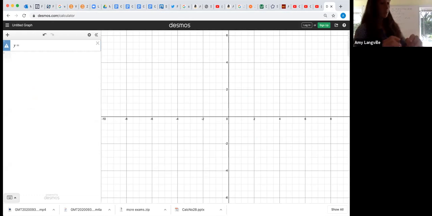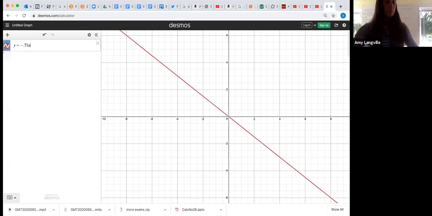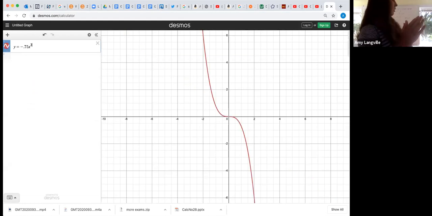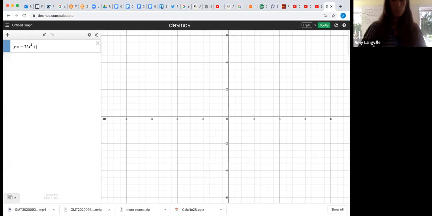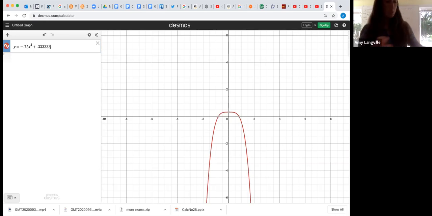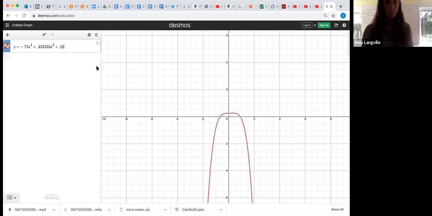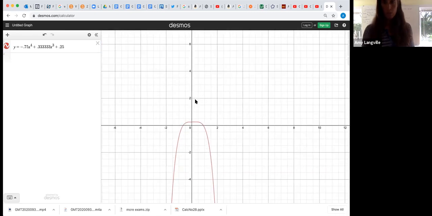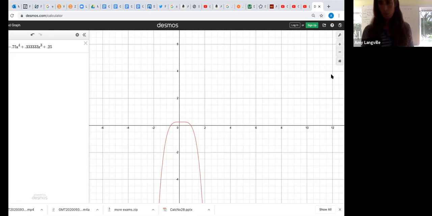Our original function was minus 0.75 x to the 4th, plus, we'll do this as a decimal, 0.33, just because I don't feel like fooling with the fraction. On this one, x cubed plus 0.25. Here is our function, and let's zoom in a bit.